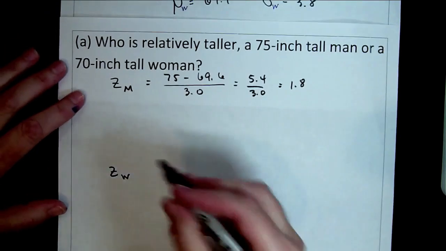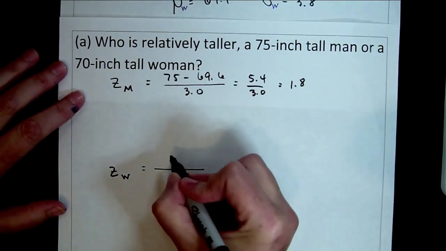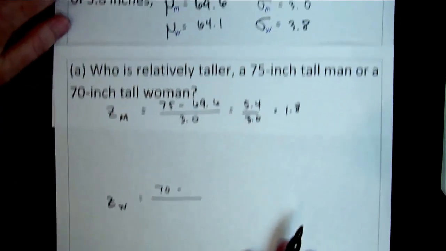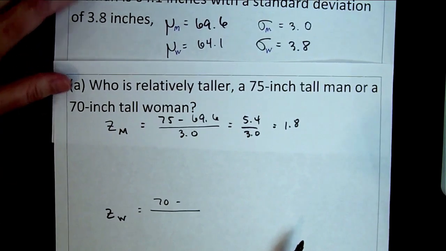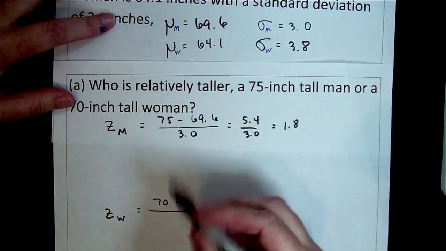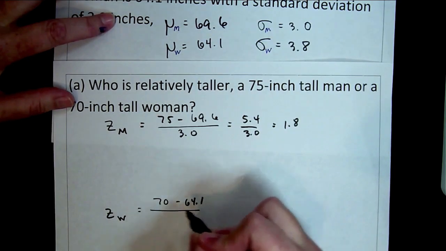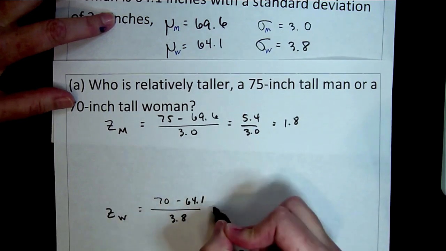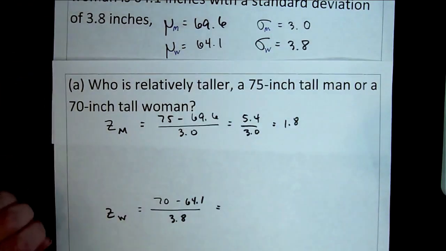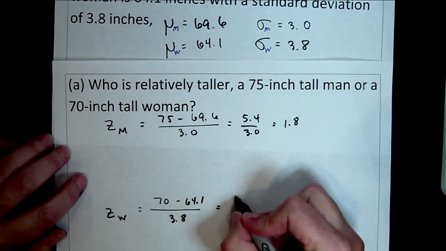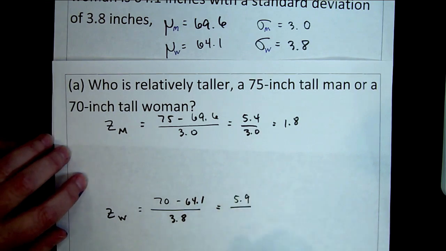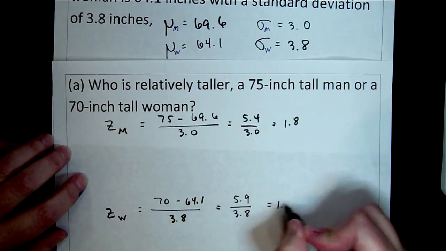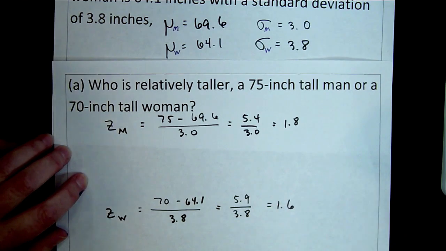What about the woman? Her height is 70. Average height for women is 64.1, and the standard deviation of the height for women is 3.8. So I'm computing 5.9 divided by 3.8, and that's 1.6.